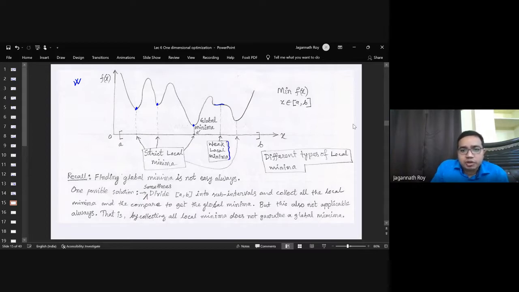For a weak local minimum, f of x star will satisfy the relation less than or equal to in this interval. But for a strict one, we will have strictly less than.